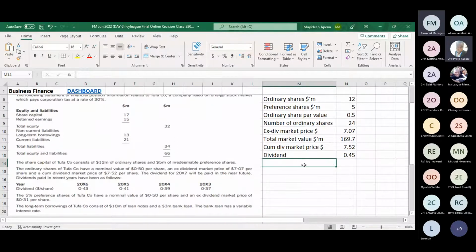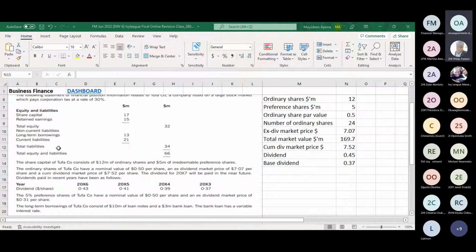Okay, so we are given the history of dividend. So which other dividend do we need? The base dividend. And what is the base dividend? 0.37. Okay. So what do we intend to do with that?